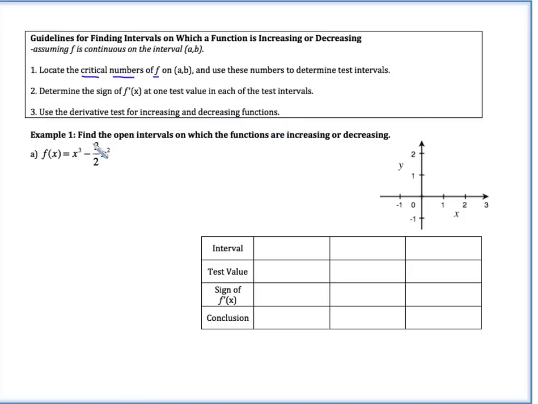Your question is going to say find the open intervals on which the functions are increasing or decreasing. So the first thing we have to do is find the derivative of our function, because we're going to be looking for the critical numbers. So we find our derivative, and this one is 3x squared minus 3x.